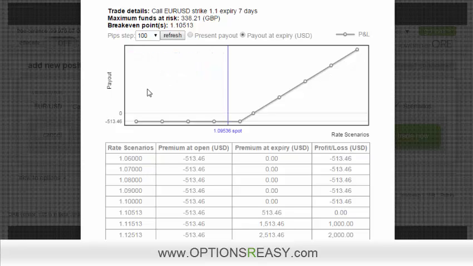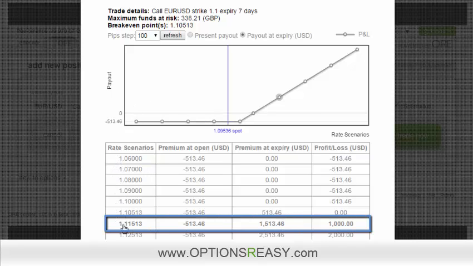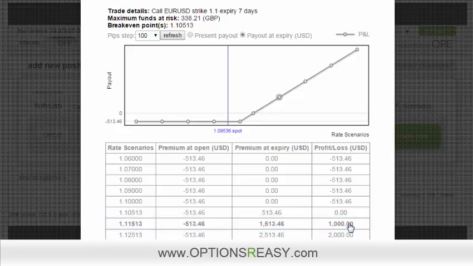And here I'm trading the outlook that euro US dollar will rise. And I can see if the rate gets to 1.1151, I will make $1,000, which is about 2 times more than my risk. So if I think that in the next week it's possible for euro dollar to reach this level, then of course this is a good trade.